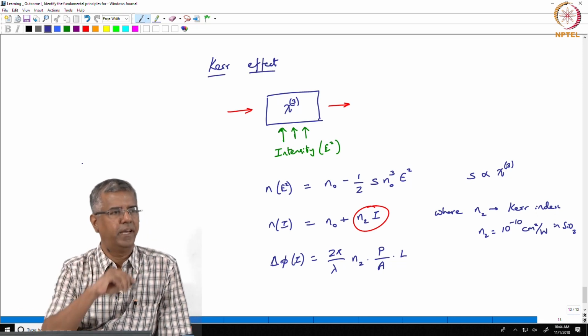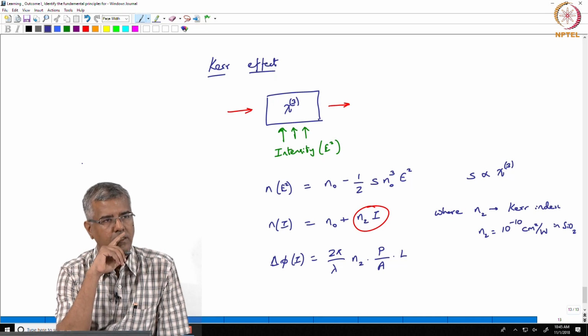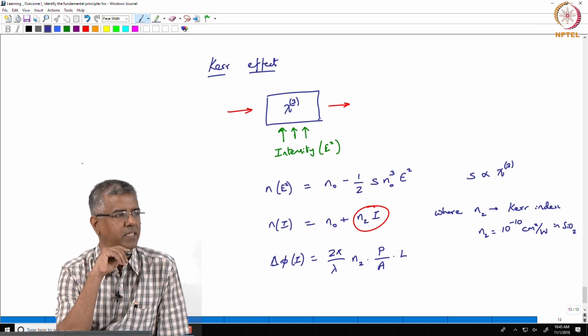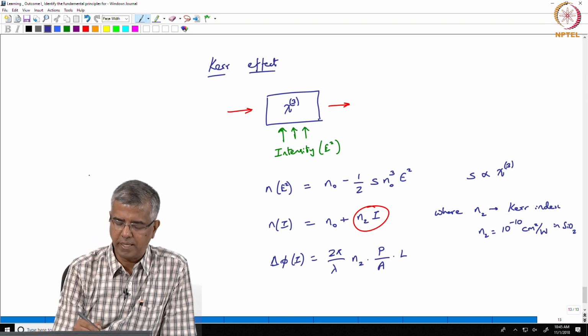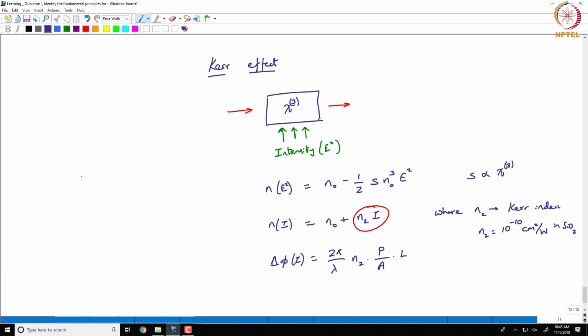To observe all these effects, it works out that your optical fiber is an excellent medium, an excellent platform. Okay. So, why do I say that? Because as far as an optical fiber is concerned, you have a core and a cladding, right, and your light is actually focused. Let us say we are talking about a single mode fiber, it's focused in the core region.